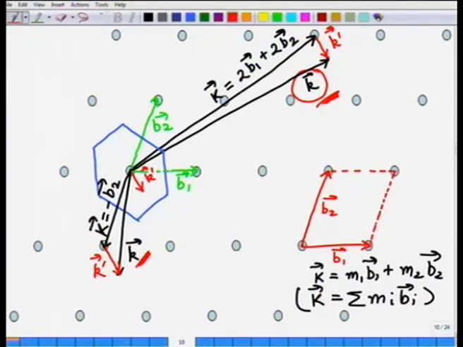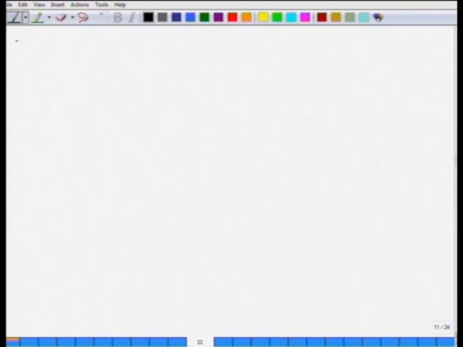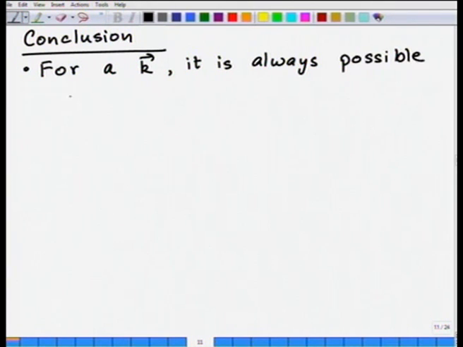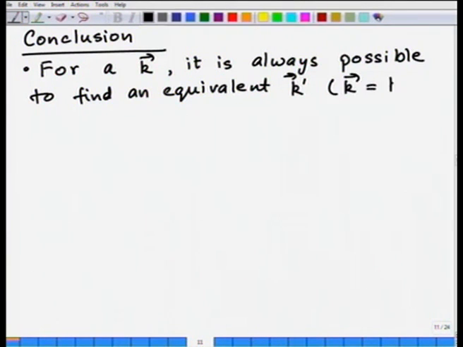So, let me write down the conclusion here. Conclusion number 1: for a k value, it is always possible to find an equivalent k prime which differs from k by an amount capital K only.